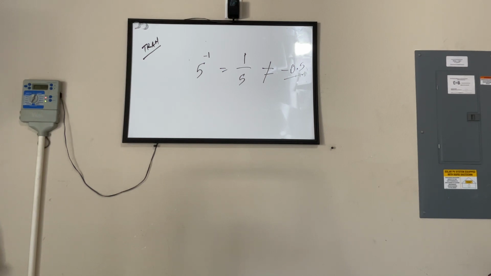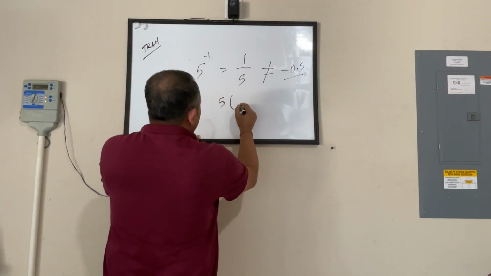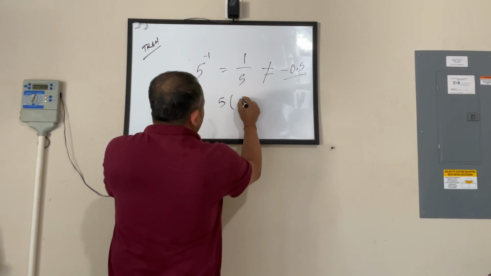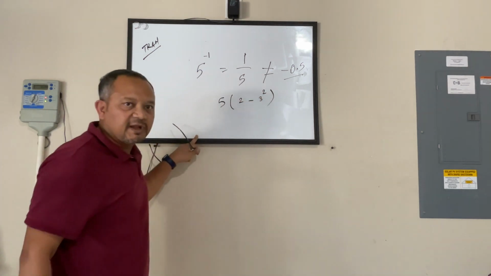See, if you have a number you are multiplying by this, it will not be 48 to the power x. It will still be 12 into 4 to the power x. Let me show you an example. Let's see, I have 5 into 2 minus 3 to the power 2.